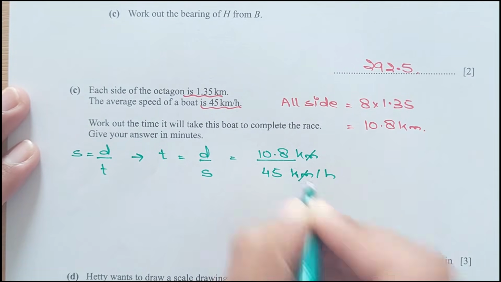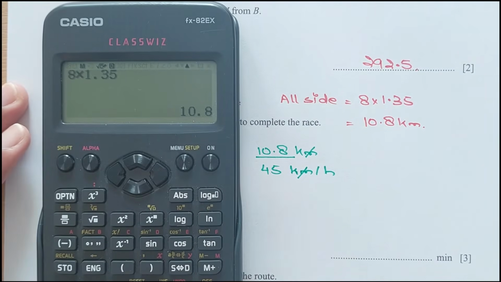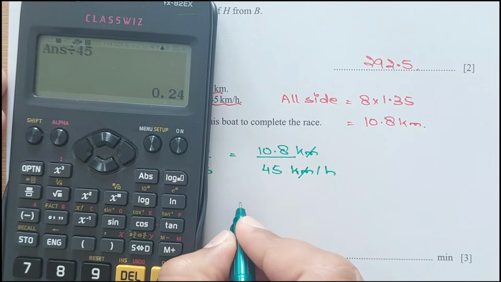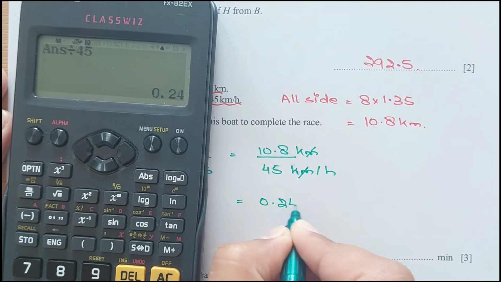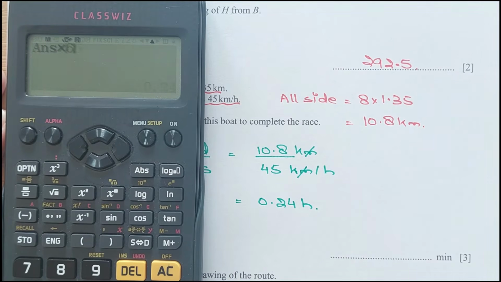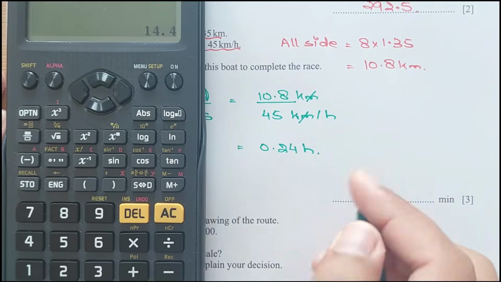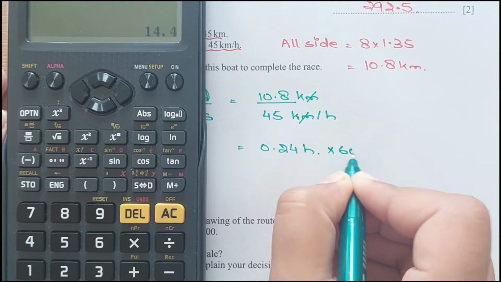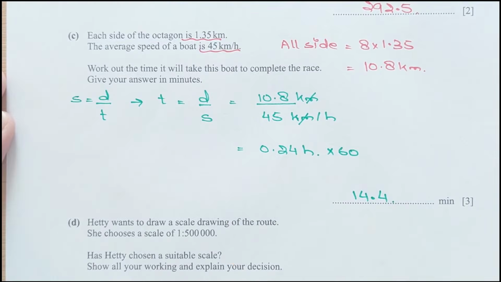So we can cancel the kilometers and get the answer in hours. 10.8 divided by 45 is 0.24 hours, and we convert 0.24 hours into minutes by multiplying by 60. So we have 14.4 minutes.